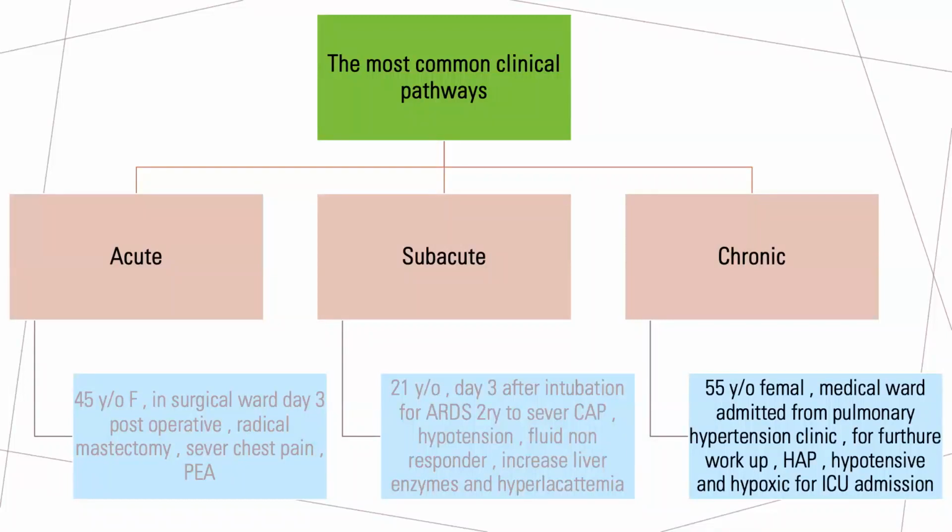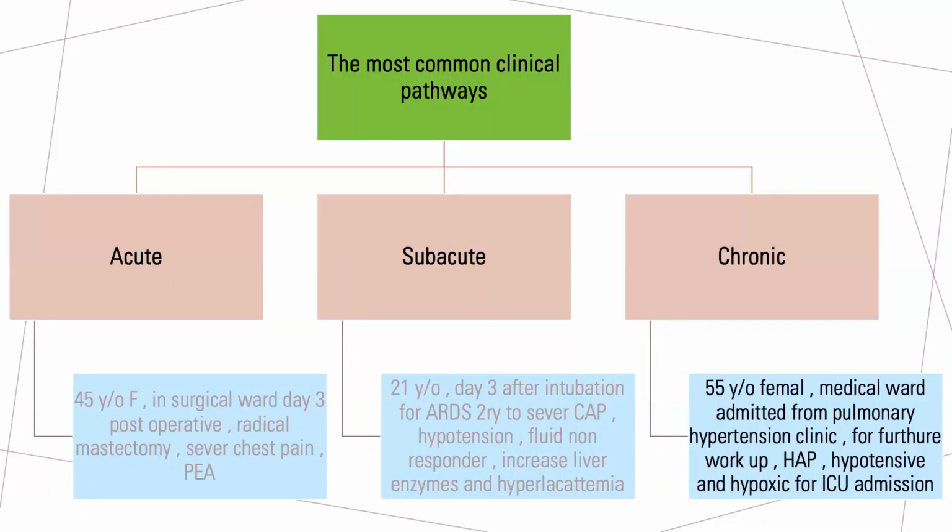Finally, chronic right ventricular dysfunction, and we will admit it as acute on top of chronic. The most common pathway for this one is admission from pulmonary hypertension clinic or from pulmonology referral. Like this scenario: a 55-year-old female patient we saw in the medical ward.